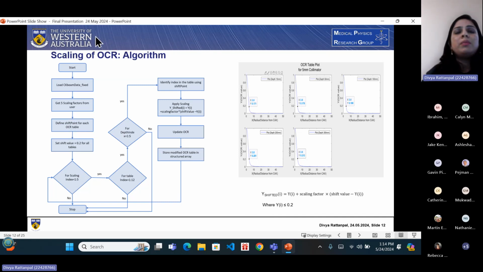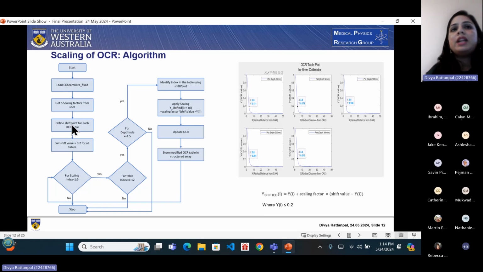So the algorithm here is this. How it works: it loads the CK beam data, and it gets the 5 scaling factors. These 5 scaling factors represent the amount of scaling for the given OCR table. Once it gets the 5 scaling factors, it defines the shift point for each OCR table.